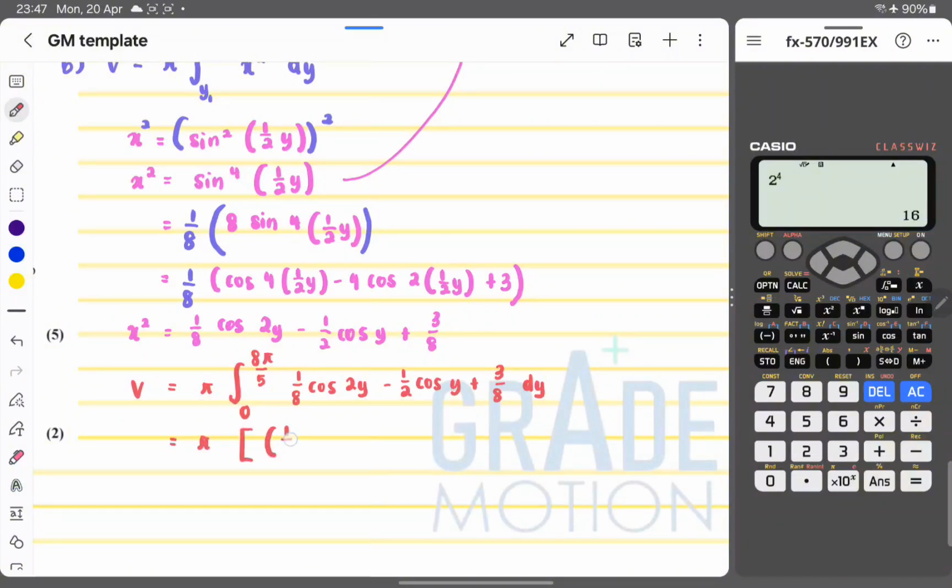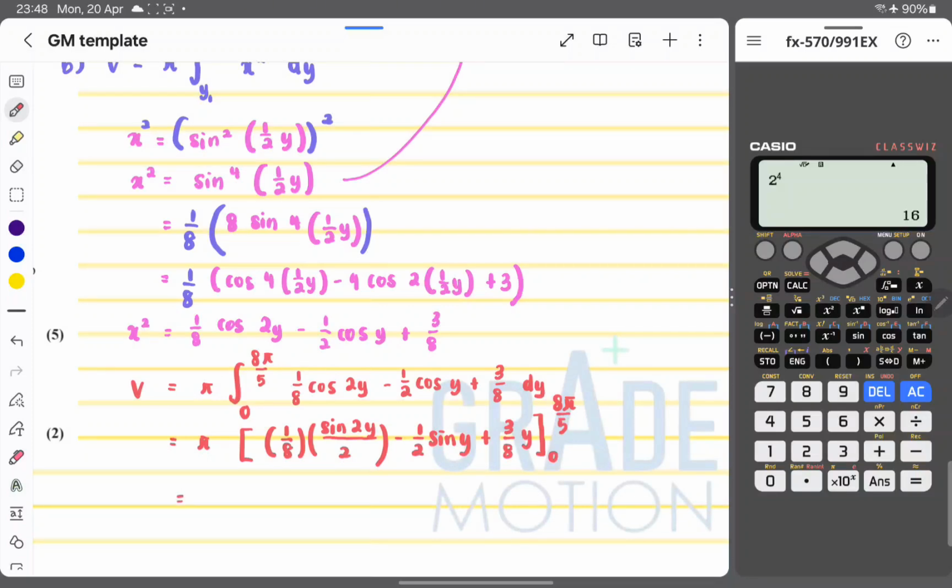Here we will carry forward 1 over 8 cos 2y. If we integrate, we will get sine 2y, and then we divide by the derivative of 2y, which is 2. Minus 1 over 2 cos y, integrate, we will get sine y. Plus 3 over 8 y. What are our limits? 0 and 8 pi over 5.